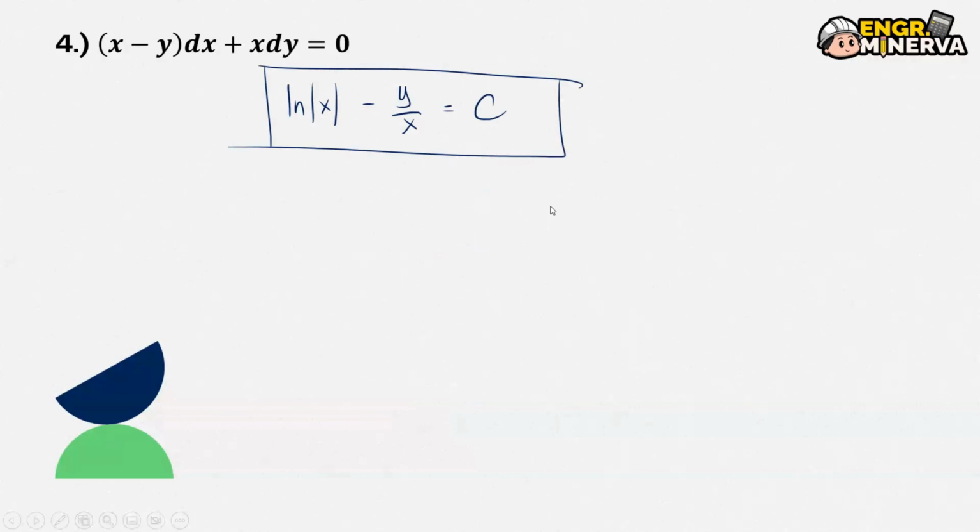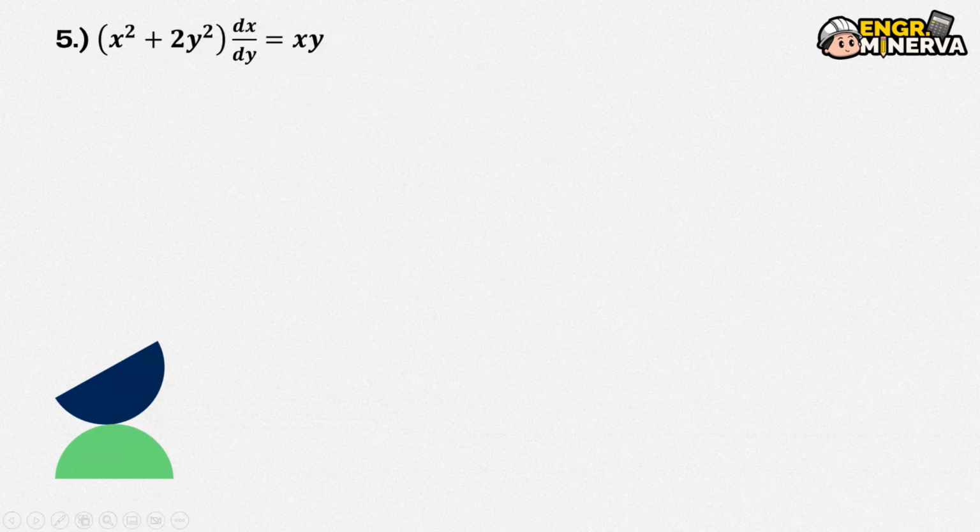And for our last example, that would be number 5. We have (x squared plus 2y squared) dx over dy equals xy. So first, we convert this one into the form that we could identify for a homogeneous DE. So that would be (x squared plus 2y squared) dx equals xy dy.